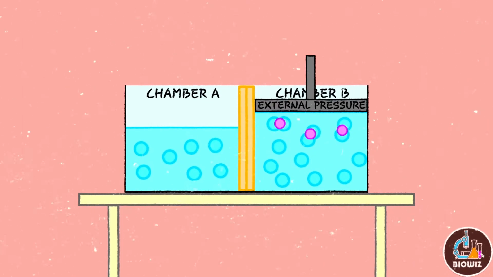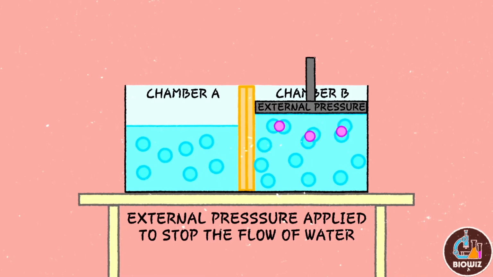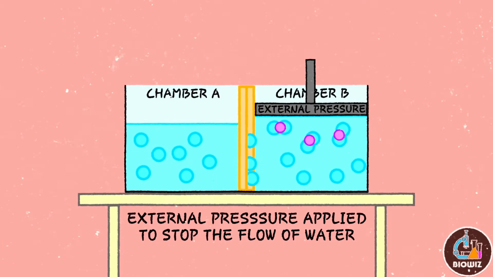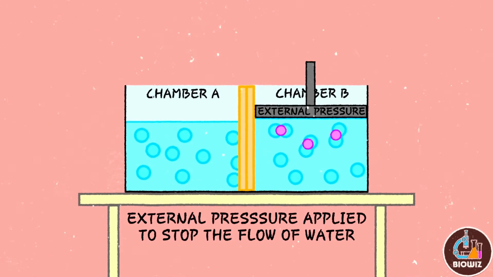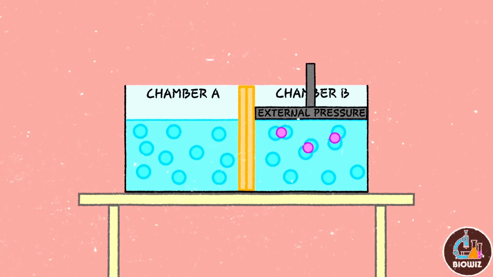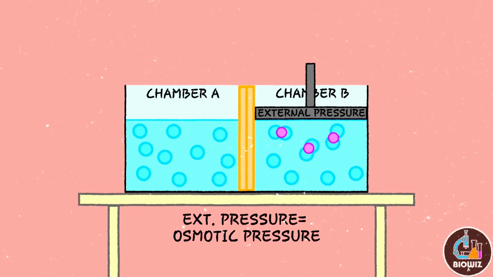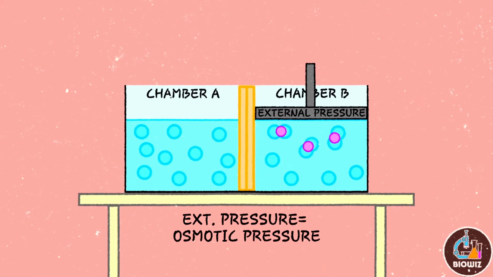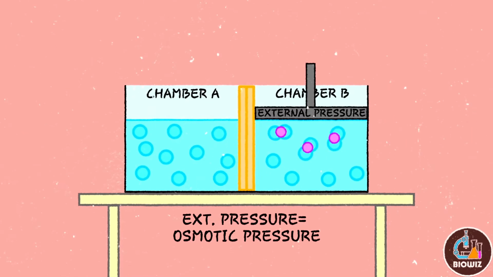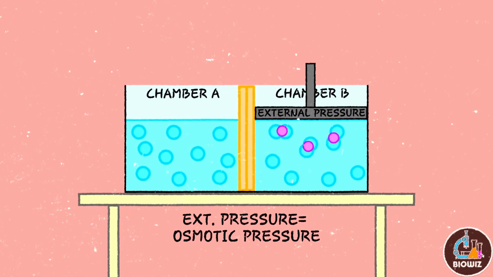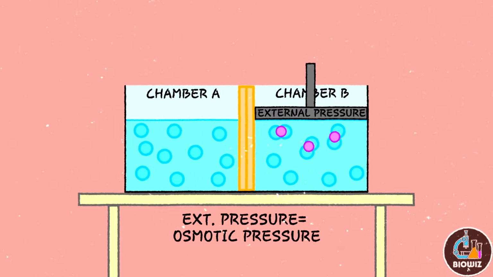If we try to just stop the flow of water molecules from chamber A to chamber B, we will require an external pressure to be applied on the solution side, that is, the chamber B. The magnitude of this external pressure will be equal to the osmotic pressure of the solution.